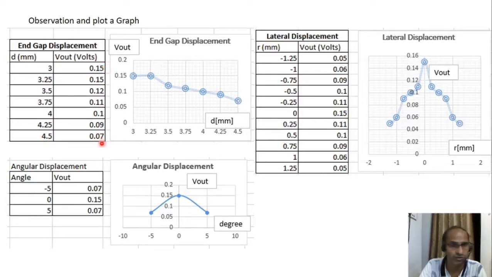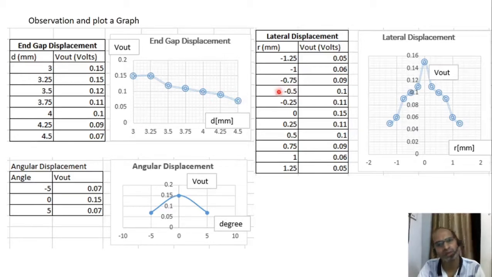After calculating these values, we have plotted the graph. The graph clearly shows that as end gap displacement increases, the coupling from one fiber to another also decreases.